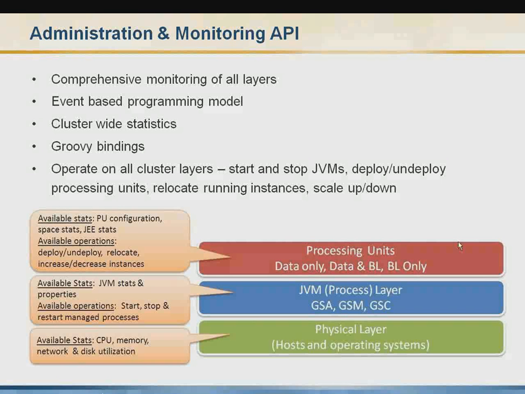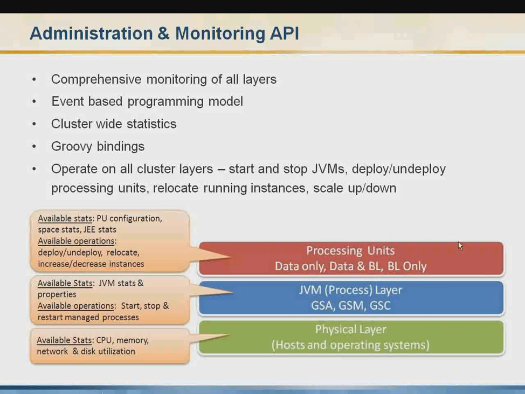The next thing we wanted was to expose all the operations that you do through our CLI or our UI and allow you to do them programmatically. So we allow you to start a GSC, start a GSM, and deploy processing units very easily. We can increase instances of specific processing units, and relocate them from one GSC to another.